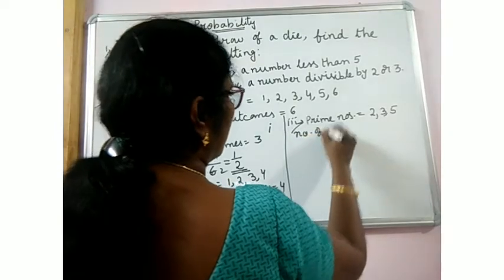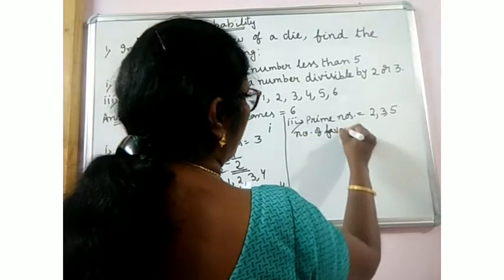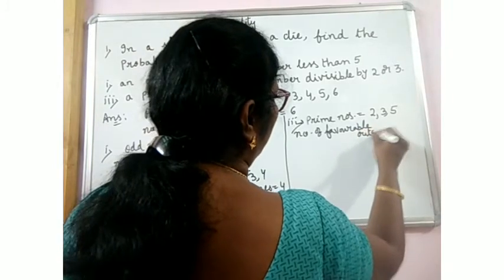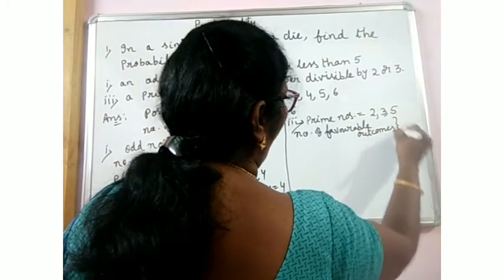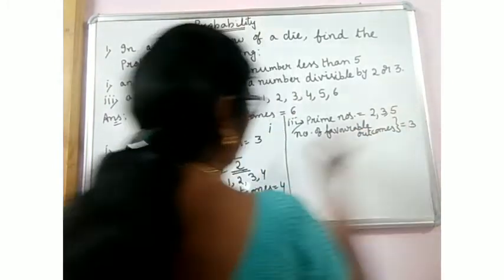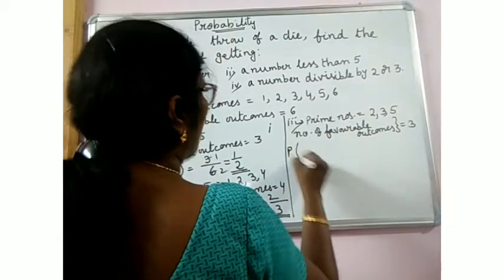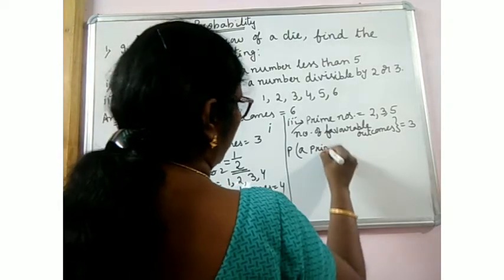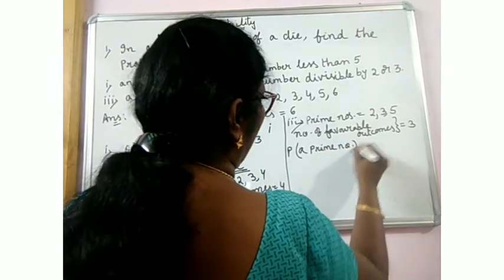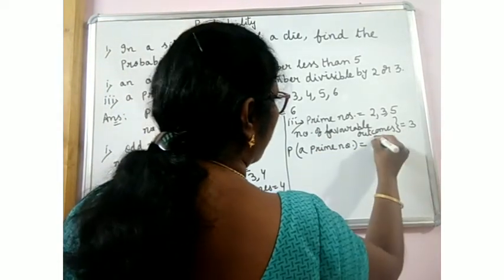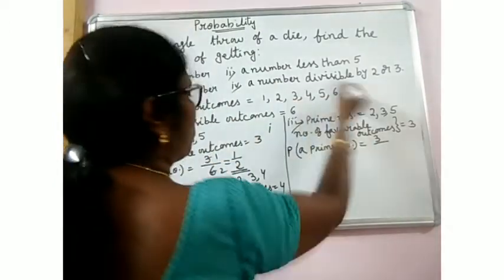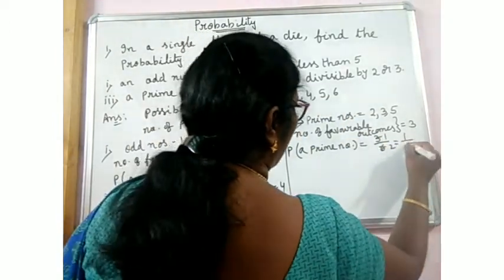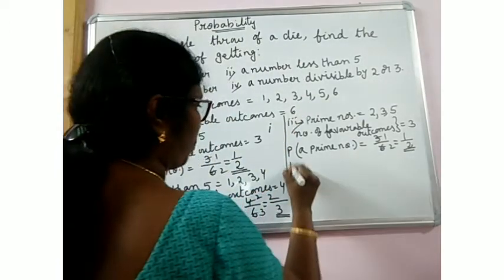So here the number of favorable outcomes is 3. Therefore, the probability of getting a prime number is, number of favorable outcomes 3, number of possible outcomes 6. So again you are getting 1 by 2.